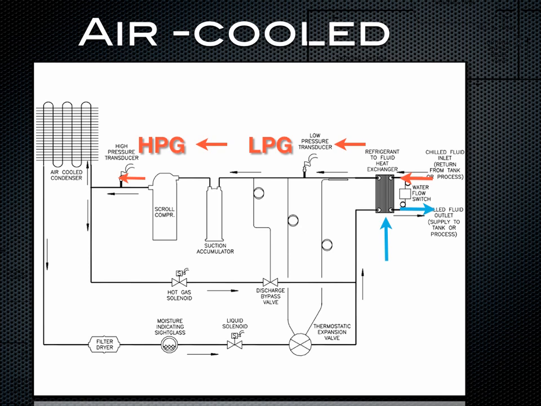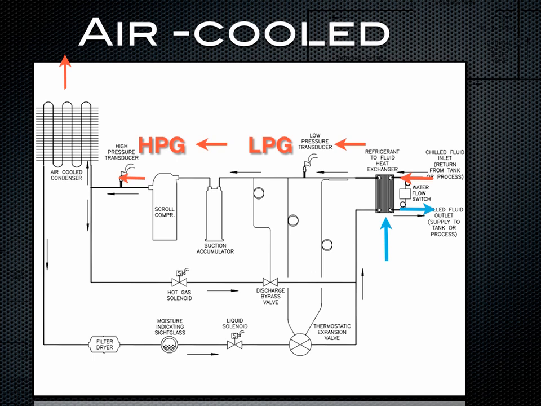Now, this is what makes an air-cooled chiller different from a water-cooled. The air will be sucked through the sides of the condensers and it will blow out through fans out to the atmosphere. How that works is through the second law of thermodynamics. That compressor is going to take that low-pressure gas and compress it to a high-pressure gas.